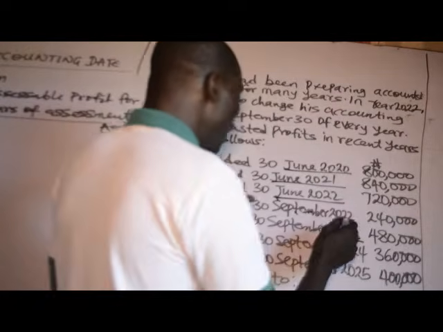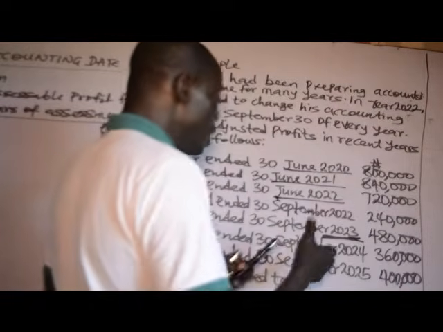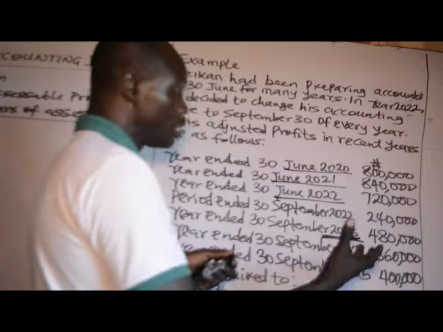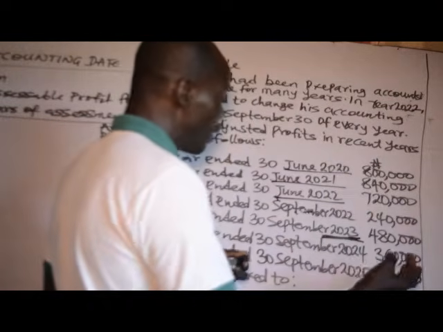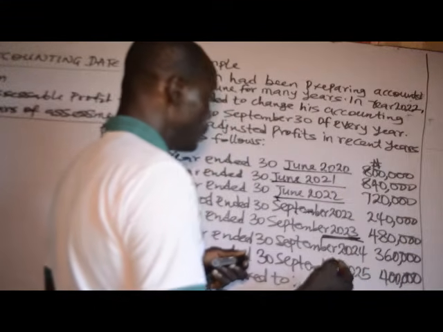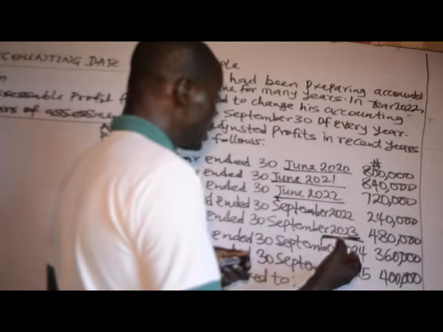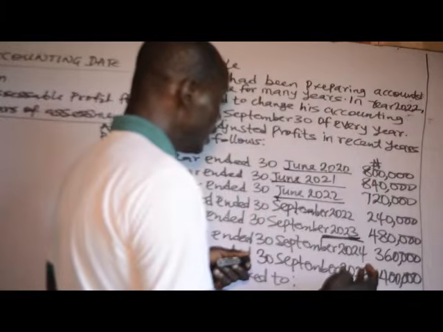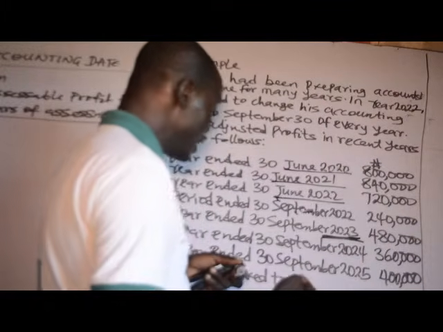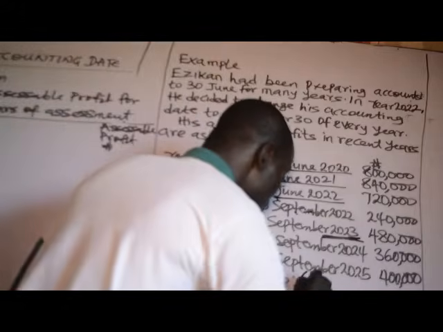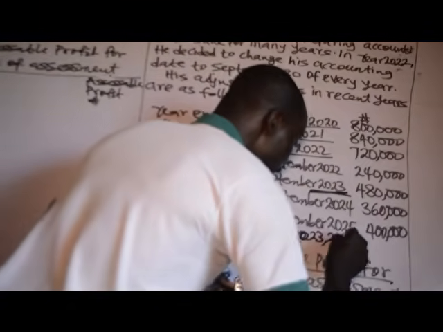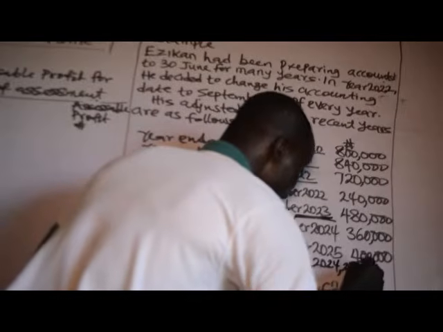If you identify 2023 as the year of change, the two other subsequent years will be 2024 and 2025, following the principles. That means if you want to use the change in accounting date, you have 2023, 2024, and 2025.